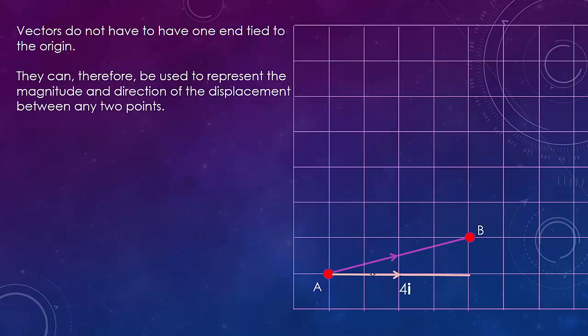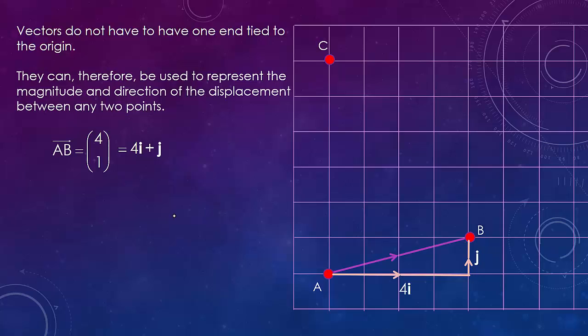So to get from A to B, we go 4 across and 1 up, and therefore AB is equal to (4, 1) in component form. We could write 4i plus j. Note the arrow, it is denoting going from A to B. So as we said, that could be written as 4i plus j.